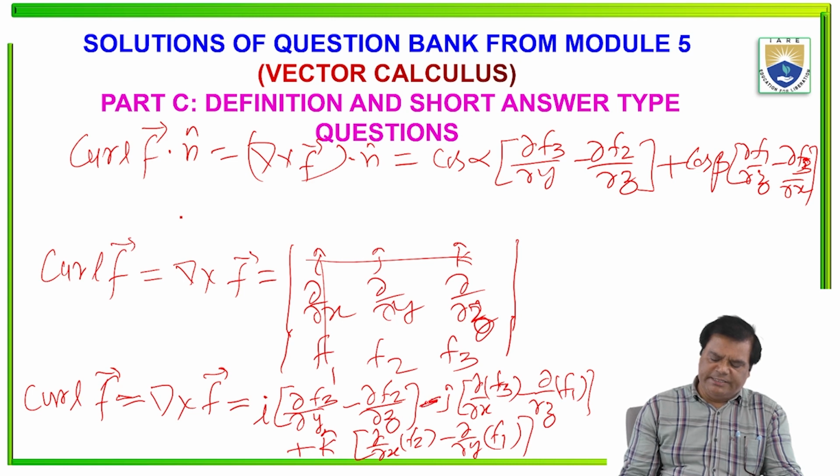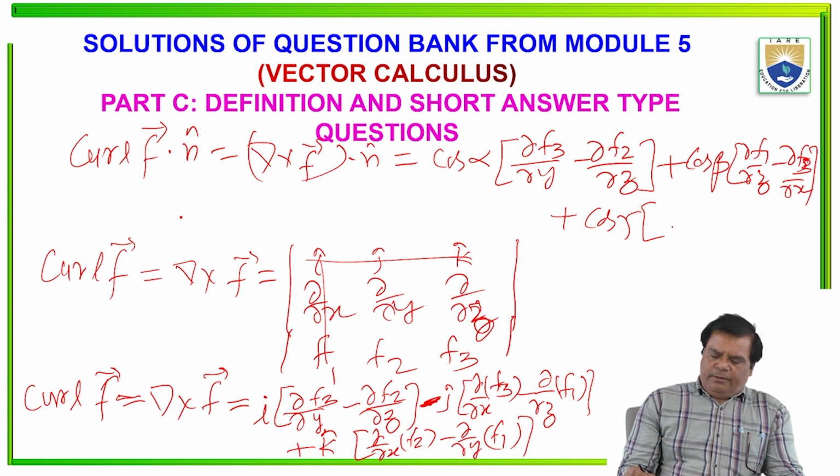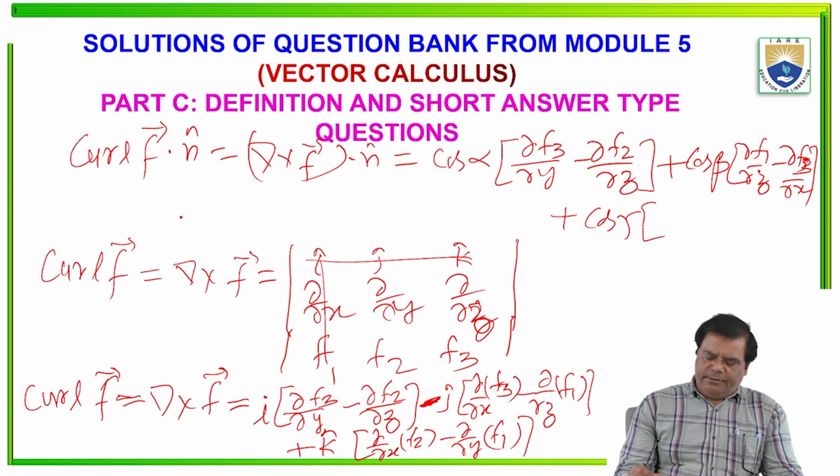Here taking the minus inside the bracket, so the sign is opposite. So I am writing dou f1 over dou z first and dou f3 over dou x last. Plus cos gamma, here dou f2 over dou x minus dou f1 over dou y.